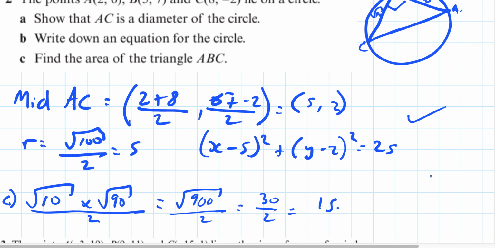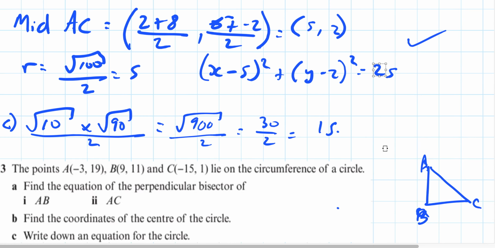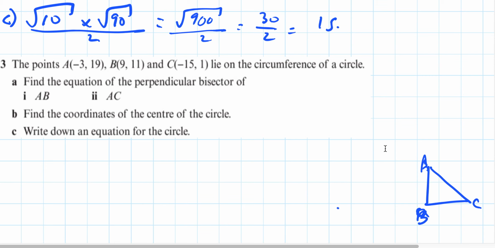Okay, because it's a right angle triangle, that's the diameter, that's B, that's A, that's C. Yeah, so base times height divided by 2.